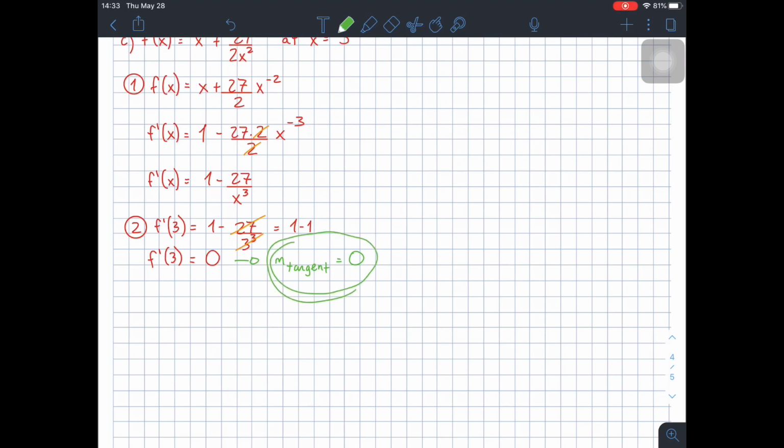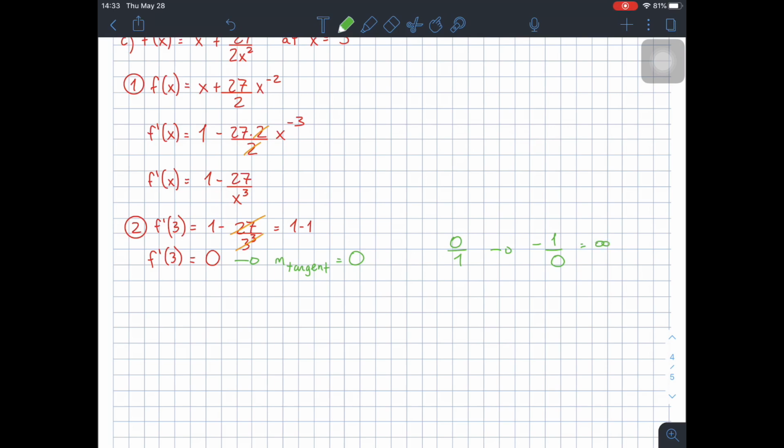What will happen to the slope of the normal if the slope of the tangent is 0? The slope of the normal line is a negative reciprocal, right? The negative reciprocal of 0, which we write as 0 over 1, would be negative 1 over 0, right? But this number is undefined. Remember that any number divided by 0 is undefined, but we know it's infinity, right?